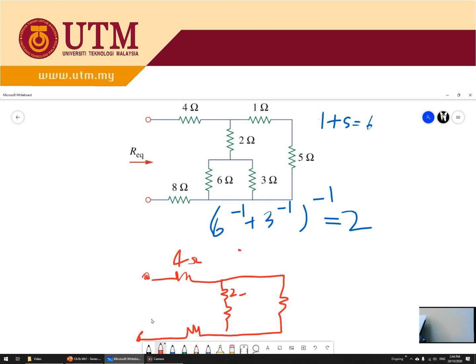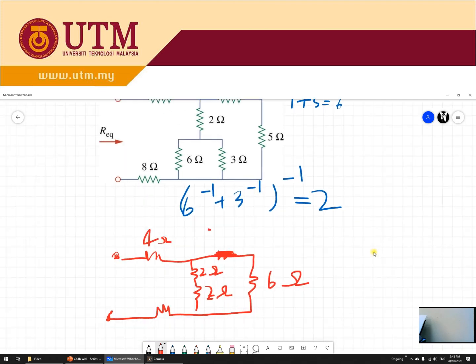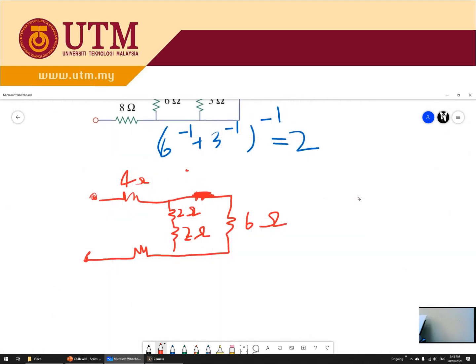This is 2 ohm. This is 2 ohm also. Okay, we have calculated it. This one you have to combine. Then this one is already combined also, 6 ohm. So what other thing you can simplify? Okay, this one is 8 ohm. So you can see that this one and this one are parallel. So 2 plus 2 equals 4.